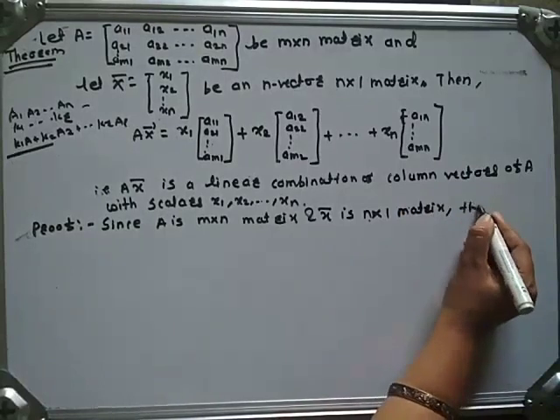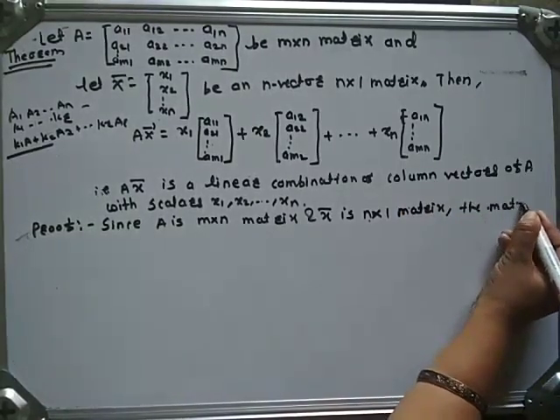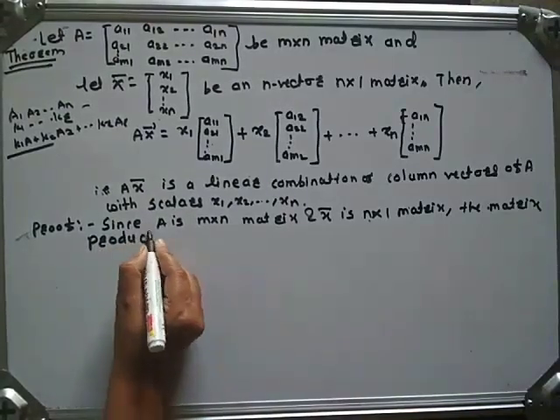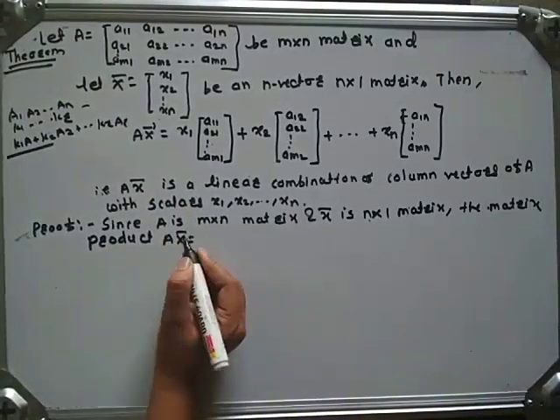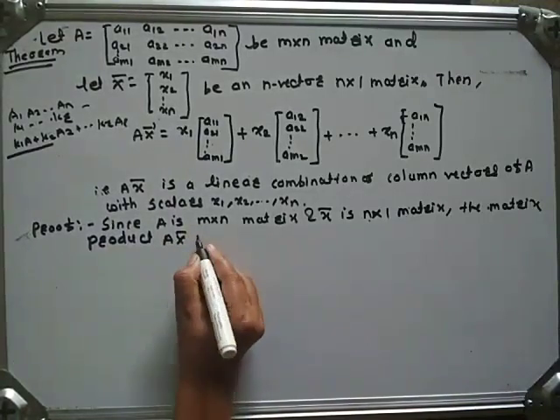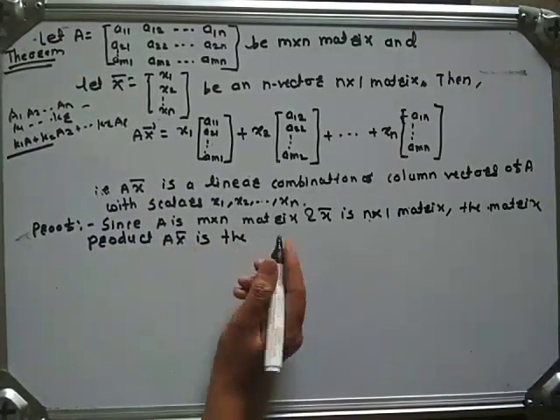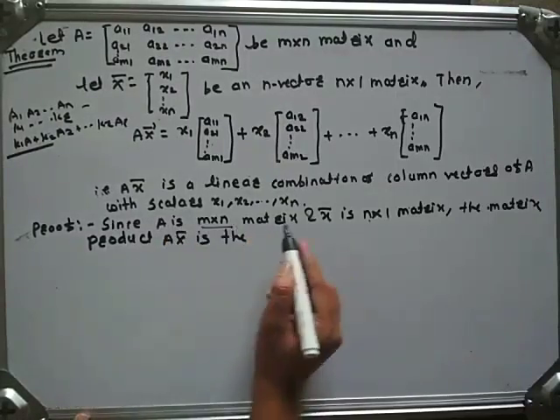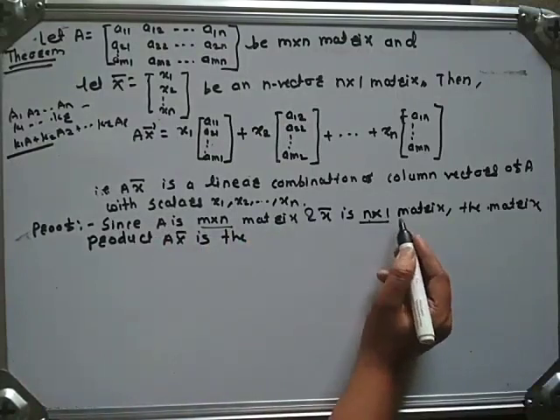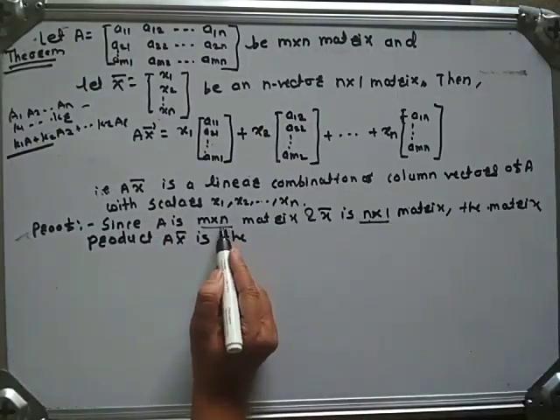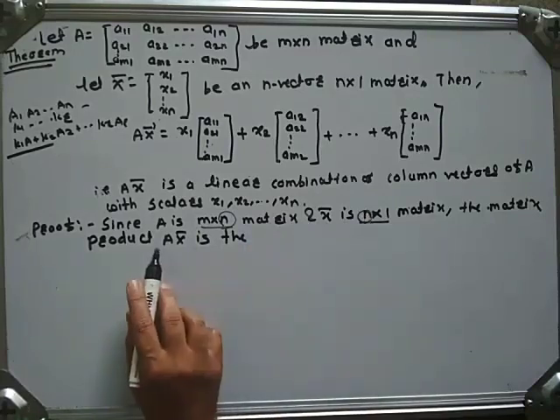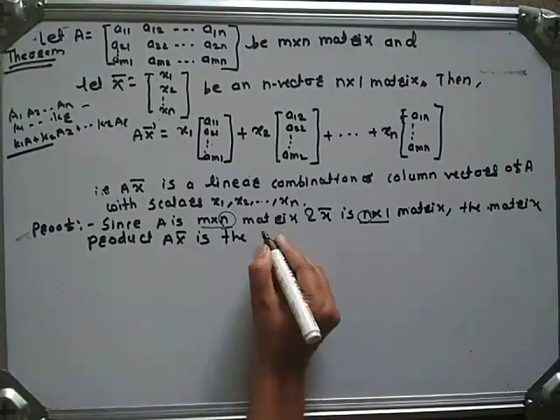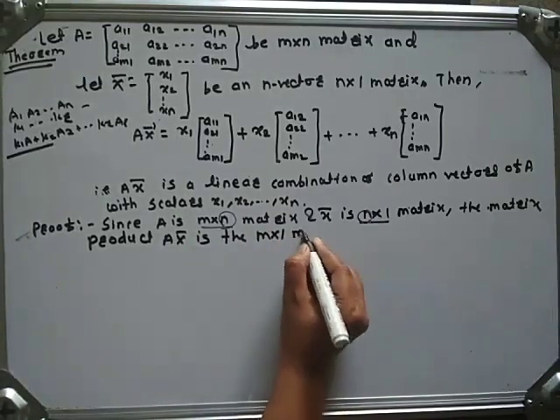The matrix product A x bar, what is the size of this matrix? Here A is m by n and x bar is n by 1 matrix, so the inner n matches. Therefore, the size of the product A x bar is m by 1 matrix.